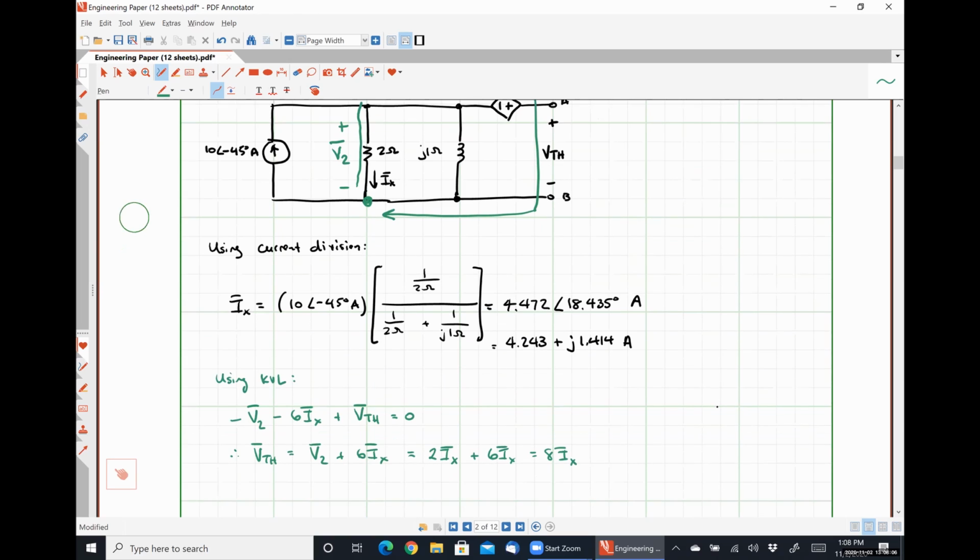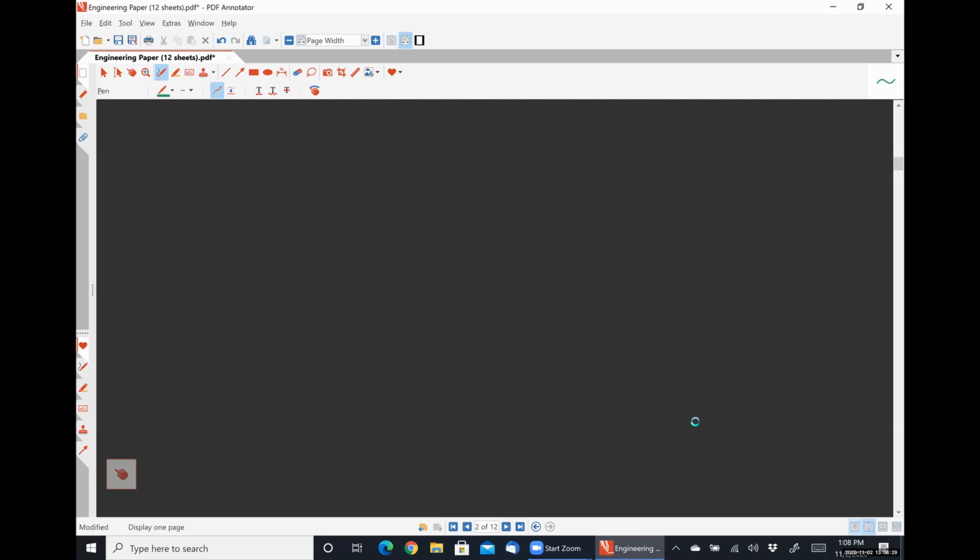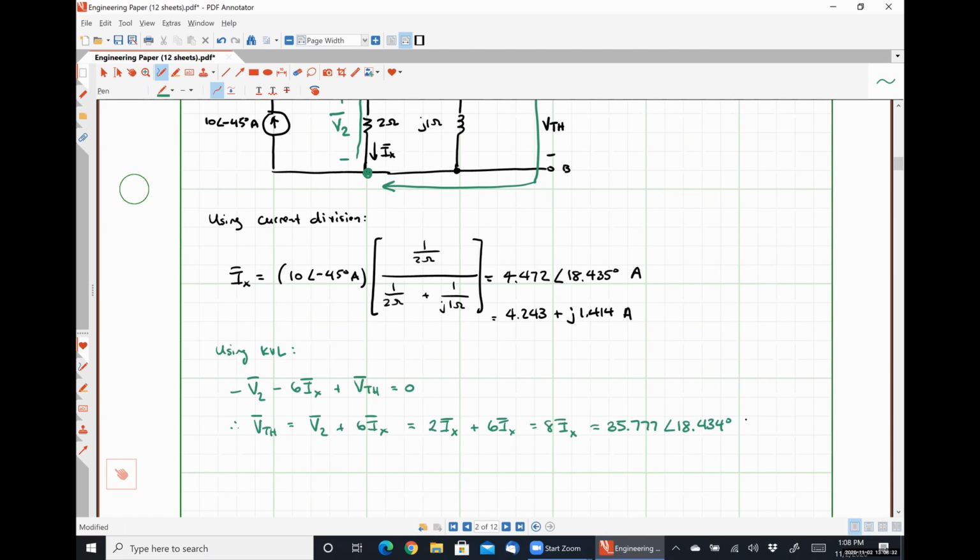So if I multiply my answer by 8, I simply get 35.777 angle 18.434, goodness, degrees volts, or 33.941 plus j11.314 volts.